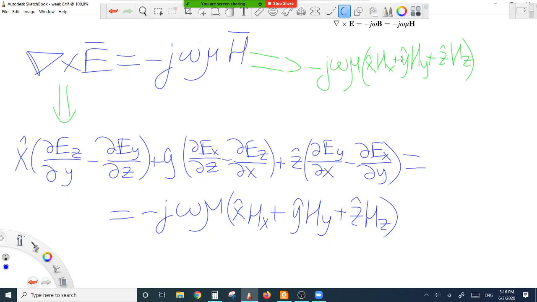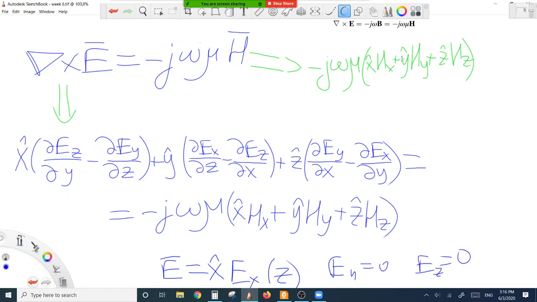It means our electric field was one-dimensional, in the x direction, Ex(z). Our electric field intensity was in the x direction, and other components were 0. Ey was 0, Ez was also 0.